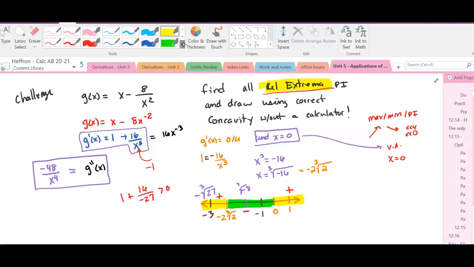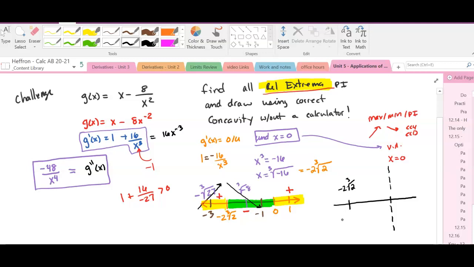And so far, if I were to make a little graph, I've got a vertical asymptote we know at 0. And we have something at negative 2 cube root of 2. And at this negative 2 cube root of 2, my graph is changing from increasing to decreasing.